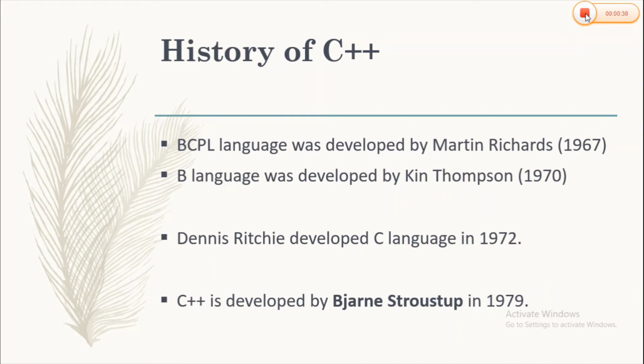Then the B language was developed by Ken Thompson in 1970. Then Dennis Ritchie developed a language known as C in 1972. The C language was developed using all the features of the BCPL and B languages. So C++ is the upgraded version of the C language, developed in 1979.